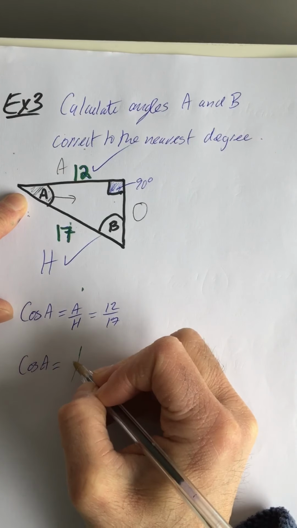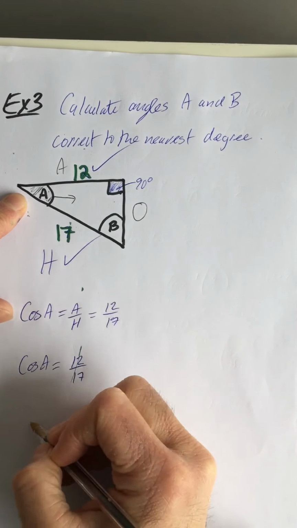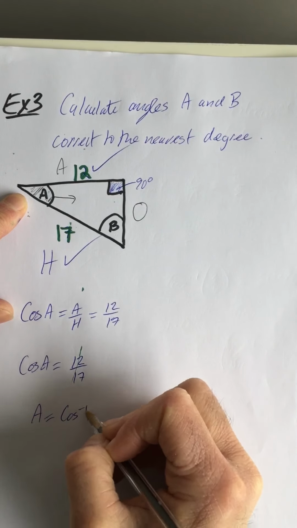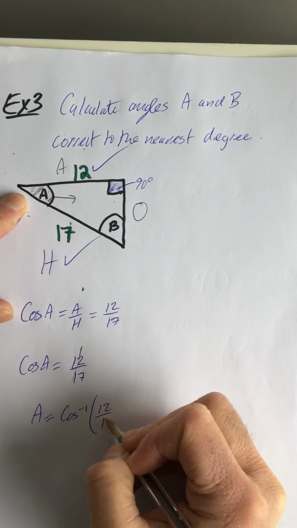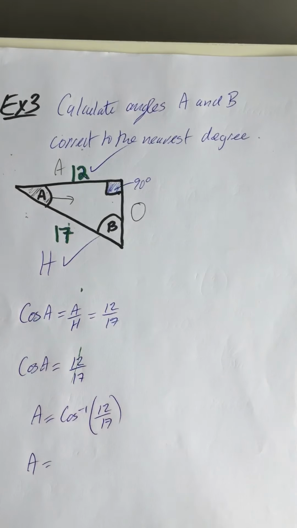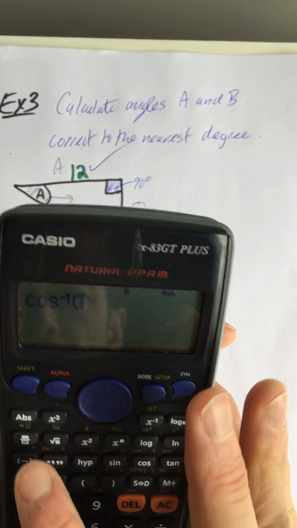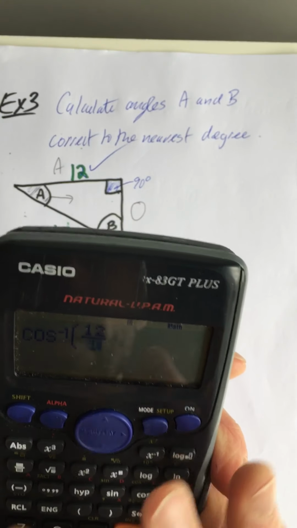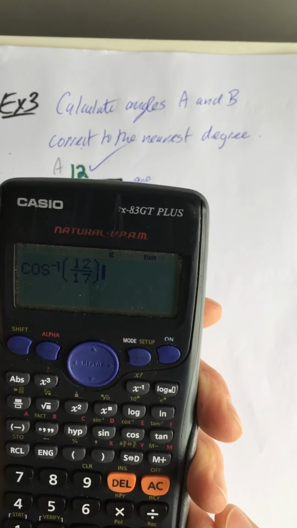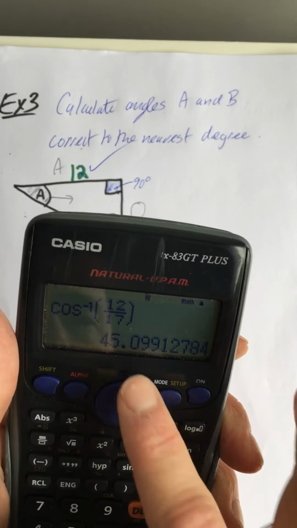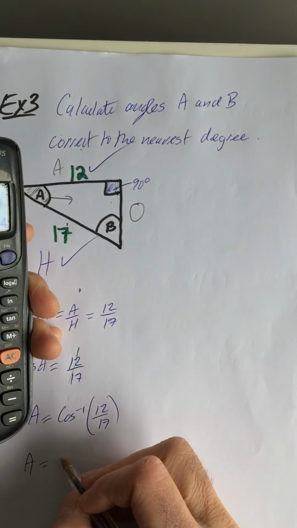So I have cos A is 12 over 17, and A is going to be cos inverse of 12 over 17, and I'm going to use my calculator. So shift cos 12 over 17, close bracket, press equals, 45.09, I'm going to round that to 45 degrees.